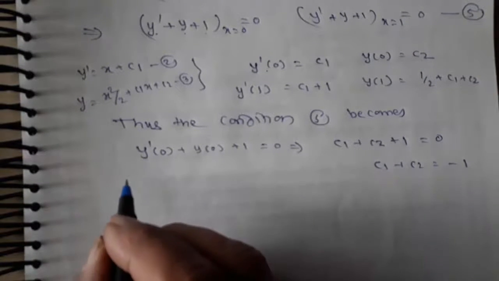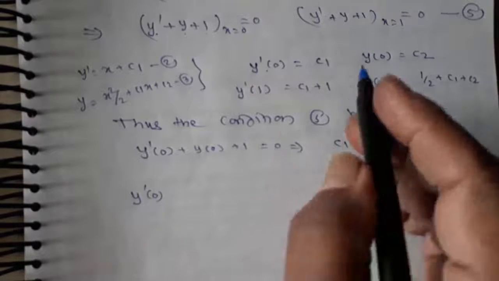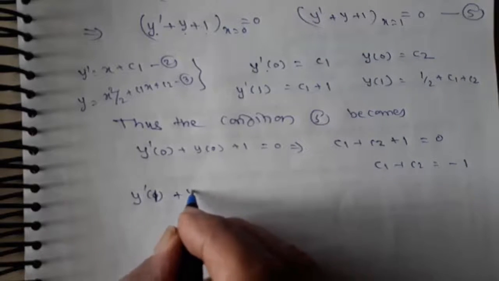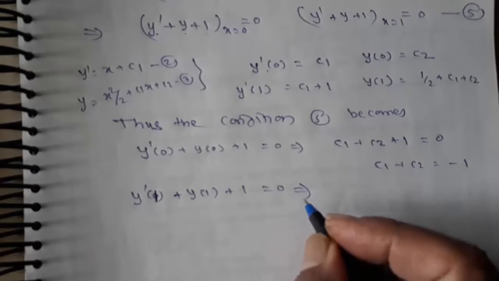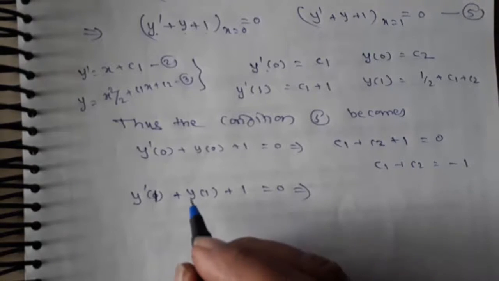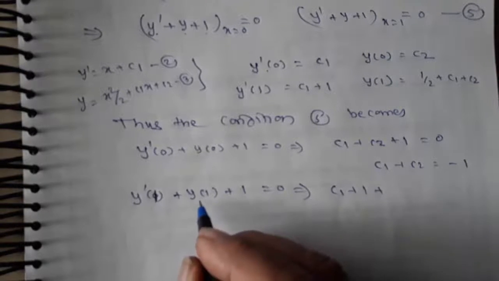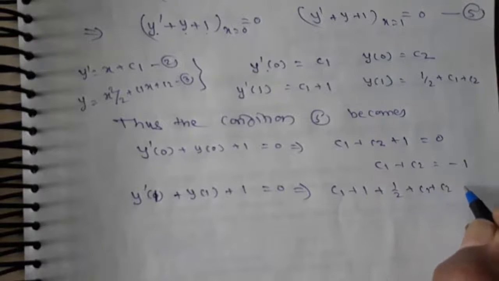Now, at the second point, y' + y + 1 at x equal to 1: y'(1) plus y(1) plus 1 equal to 0. This implies c1 plus 1, plus 1/2 plus c1 plus c2 plus 1 equal to 0.